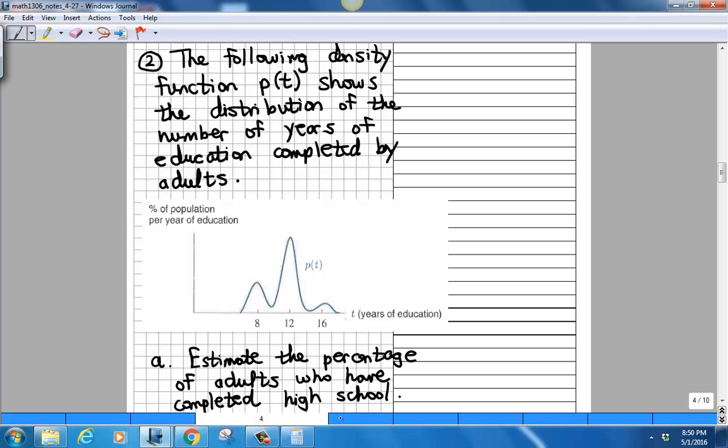Some portion of the population has more than 16 years of education. That would be people who attend graduate school after they finish their bachelor's degree. And of course, a vast portion of the population here falls right in the middle. That's people who have 12 years of education or a high school diploma.